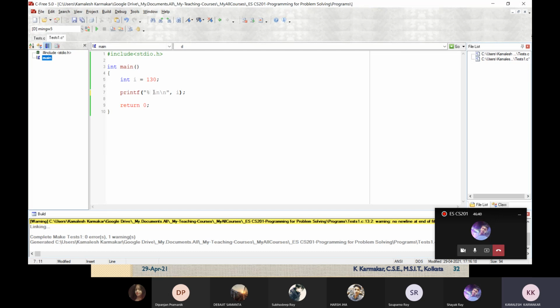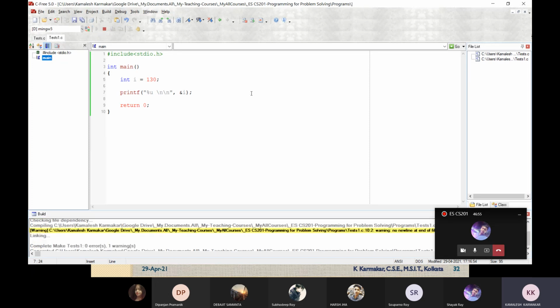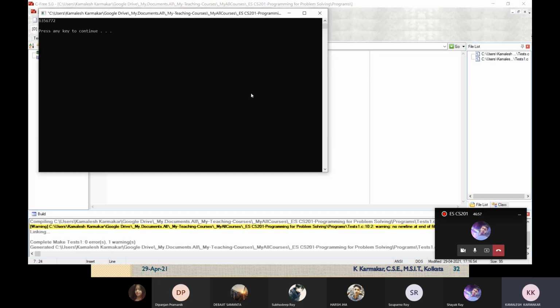To print the address, I have to use %u and ampersand I, which means address of I. It will print an address, and at this address the value is stored in system memory, in RAM.